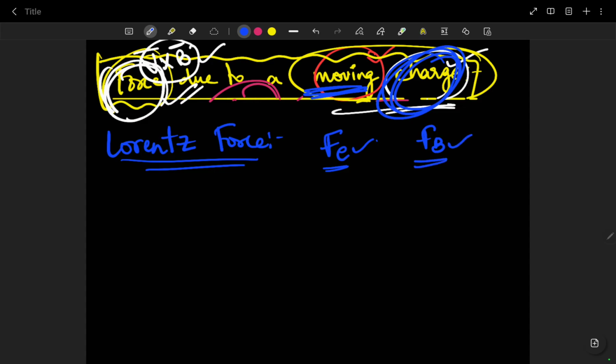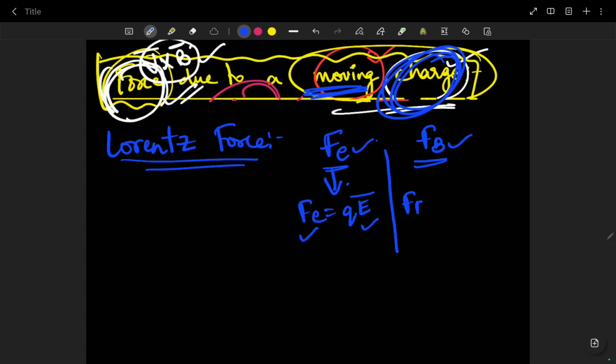So in your first chapter, which was about electric charges and fields, your Fe was equal to qE, correct? The force on the positive charge was aligned with the direction of the electric field, because it's plus qE, and for a negative charge it will oppose, is what we have discussed.